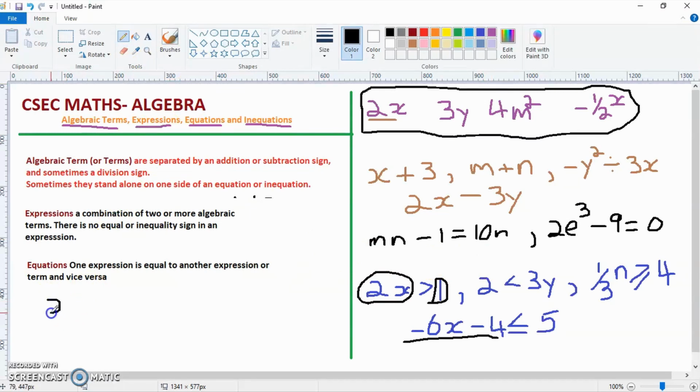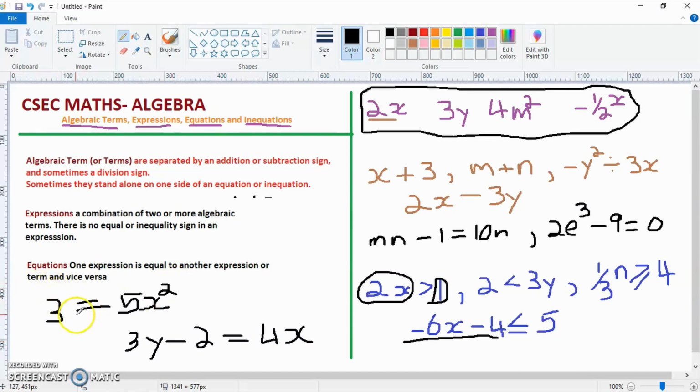Let's say you have 3 is equal to 5x. That's an equation. 3x squared equals 5x. That's an equation. 3y minus 2 equals 4x. That's another equation.